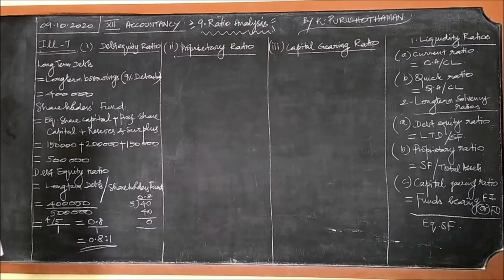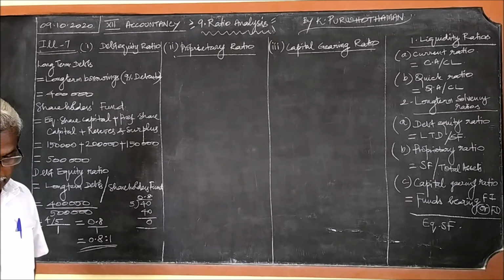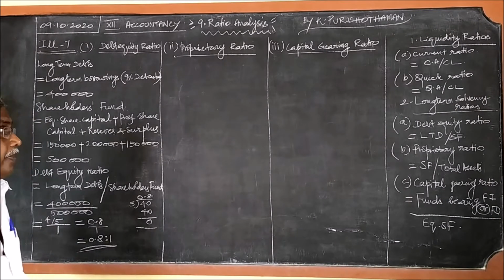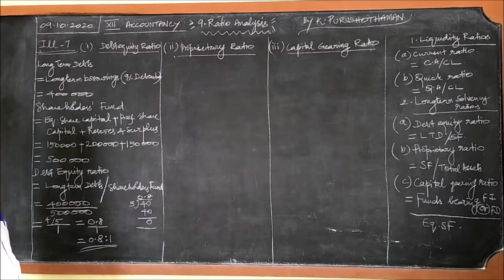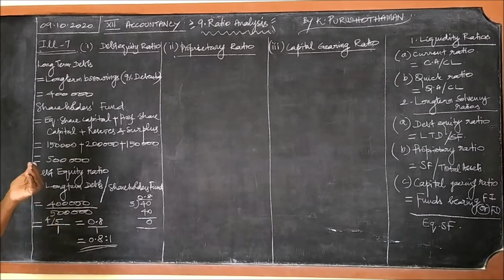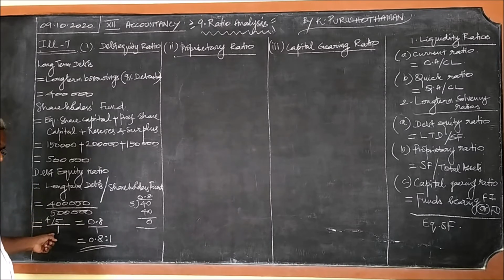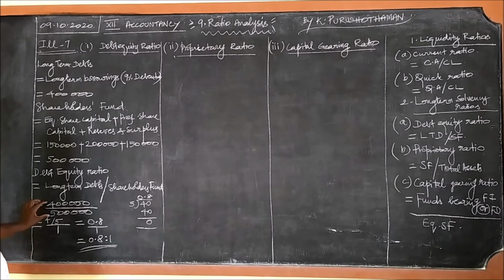I told you in the other class, you should remember very easily that the denominator must be 1 always in any type of ratio, whether it is liquidity ratio or long-term solvency ratio. Whatever number you have in the denominator, you put 1 there, then you write the fraction as it is in the numerator.